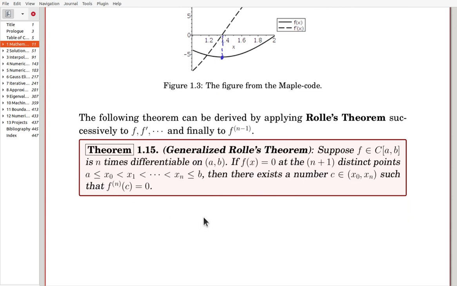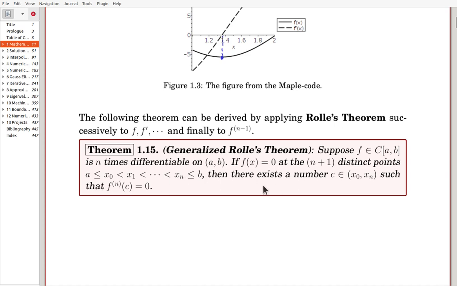Now, by using Rolle's theorem, you can prove this generalized Rolle's theorem. f is continuous over the closed interval [a, b] and n times differentiable. Also, f is 0 at n plus 1 distinct points, x0 to xn, between a and b.